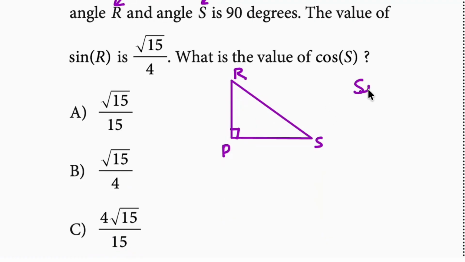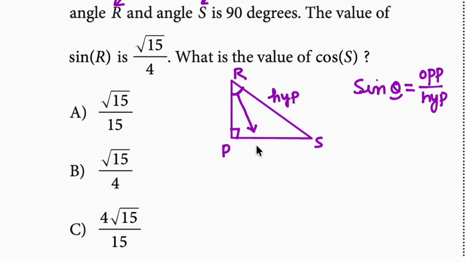Now sine R. According to SOHCAHTOA, sine theta is opposite over hypotenuse. Now theta here is R. So if theta is R, then PS is opposite and RP is adjacent, and opposite to 90 degrees is always the hypotenuse.